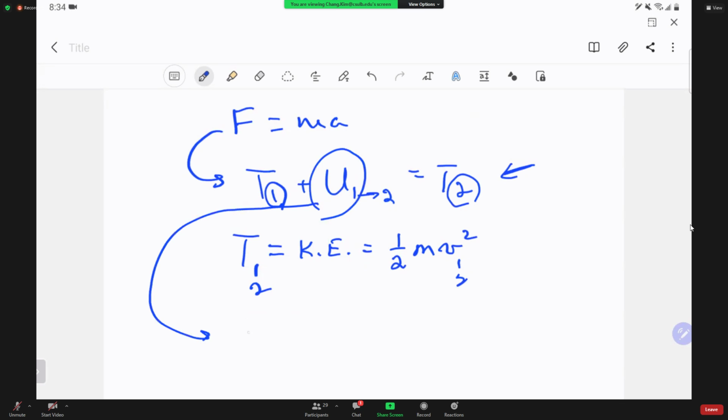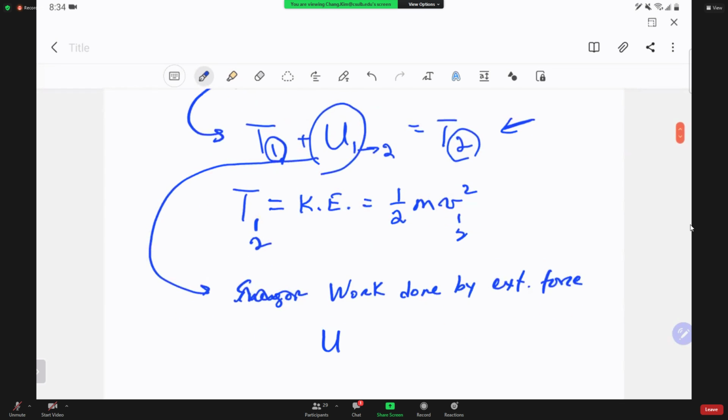That one is energy, or maybe a better way to say it is work done by external forces. So U12 is defined to be force times some kind of distance from 1 to 2. Okay, so we captured that.